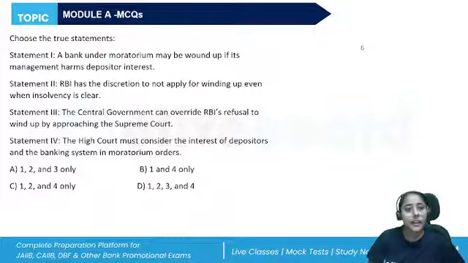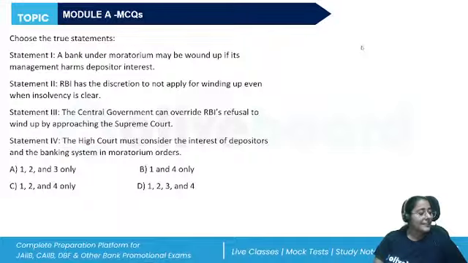All right. Now read these statements and select the true ones. A bank under moratorium may be wound up if its management harms the depositor interest. RBI has the discretion to not apply for winding up even when insolvency is clear.